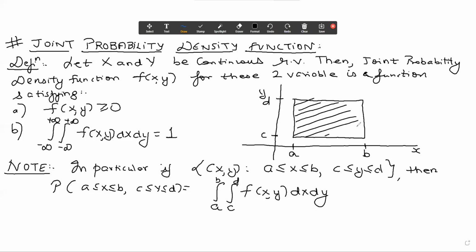It's a closed figure, and at the same time x and y are continuous random variables. Then the probability that x lies between a and b and y lies between c and d is nothing but the integral from a to b, integral from c to d, f of xy dx dy. So I hope all students have understood this definition. Let's do a practice question on this then, if it's clear to everyone.